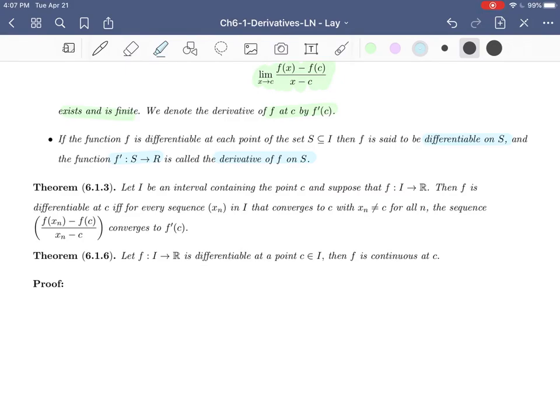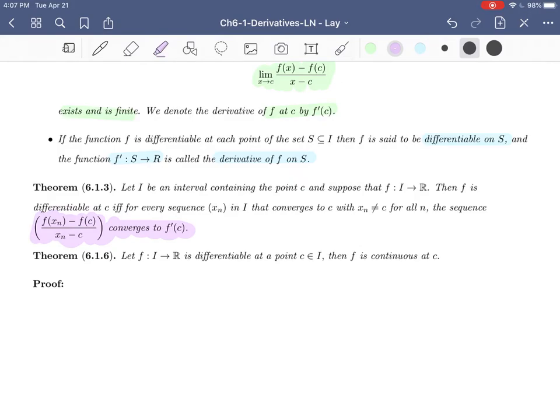Then that function f is differentiable at c if and only if for every sequence x sub n in I that converges to c with values of x sub n not being equal to c, the sequence f of x sub n minus f of c over x sub n minus c converges to f prime of c.